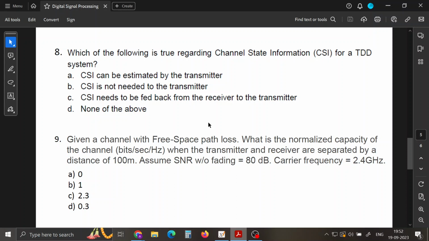Assume that the SNR without fading (WO is a short form for without) is 80 dB and the carrier frequency is 2.4 gigahertz. We are asked to find the normalized capacity in bits per second per hertz. Okay, question is clear, right?